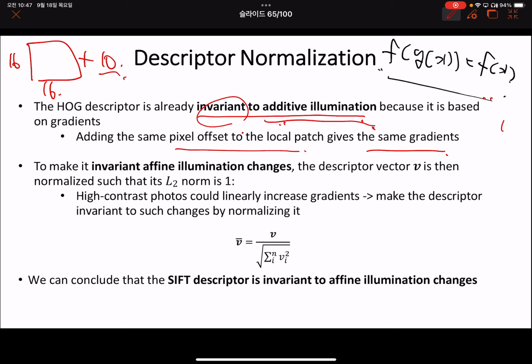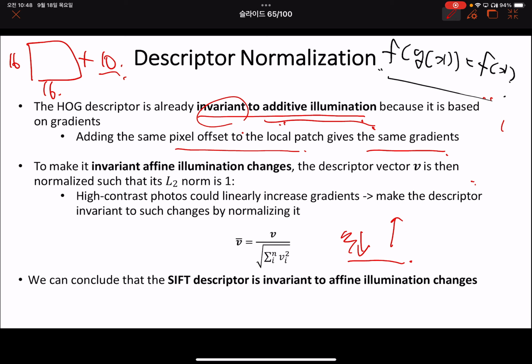And additionally, to make it invariant to affine illumination changes, the descriptor vector V is then normalized such that the L2 norm is 1. For example, high contrast photos could linearly increase gradient, right? High contrast means the darker region becomes very dark, and the brighter region becomes very bright, then the gradient becomes larger linearly.